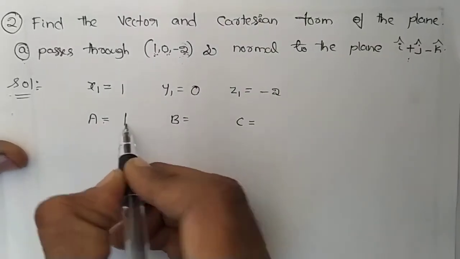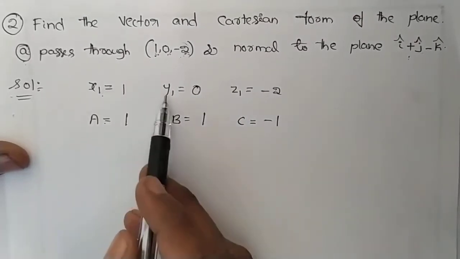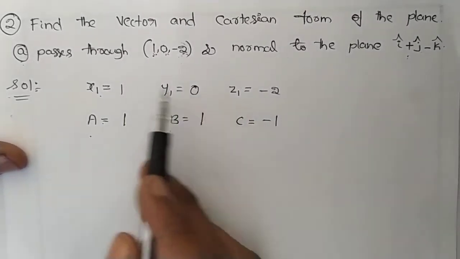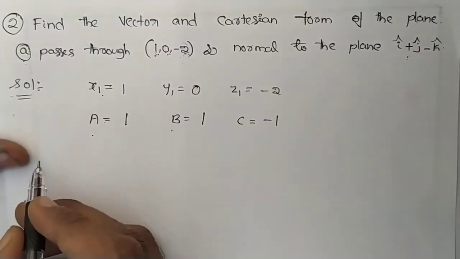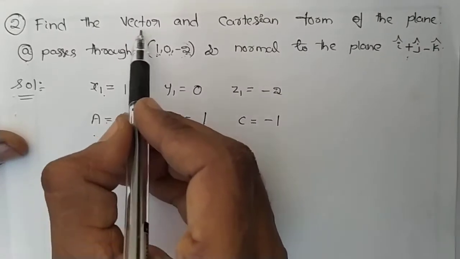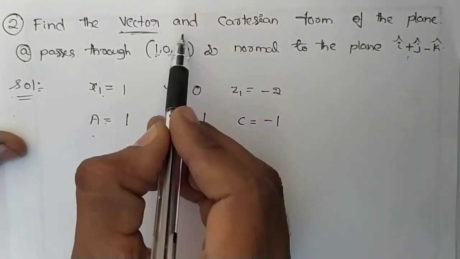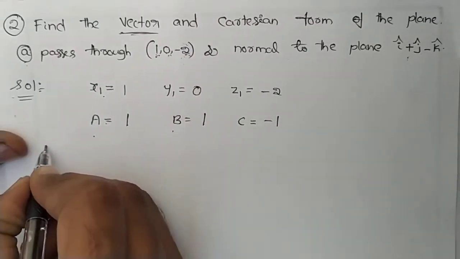Hence, these are the values of x1, y1, z1, a, b and c. We have to find the equation of a plane both in vector and Cartesian form. Let us first find the equation of the plane in vector form.